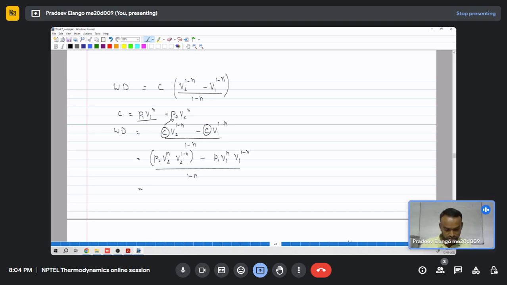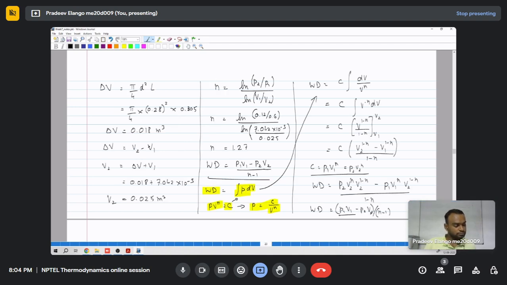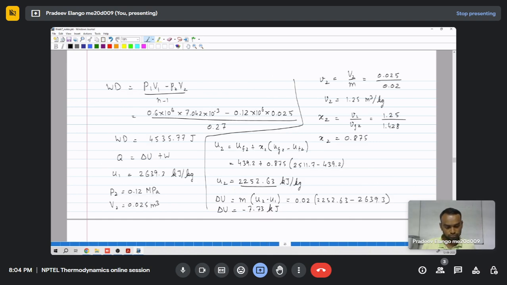Do you have any other questions? Sir, just to go to the previous slide. Our state 2 is when the piston is coming outward. Yes, the piston has moved out, so it has expanded.